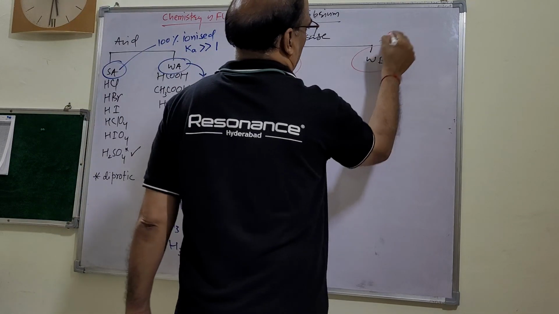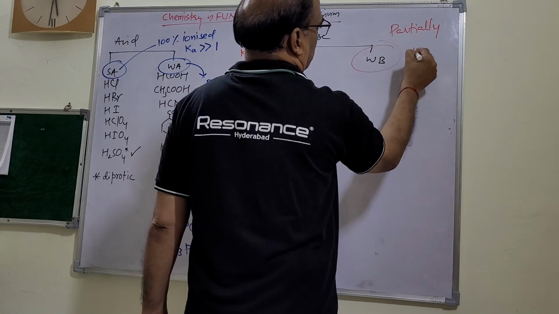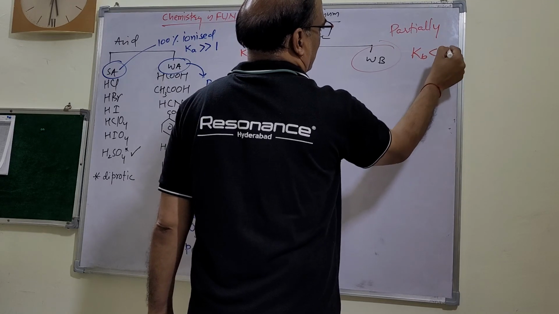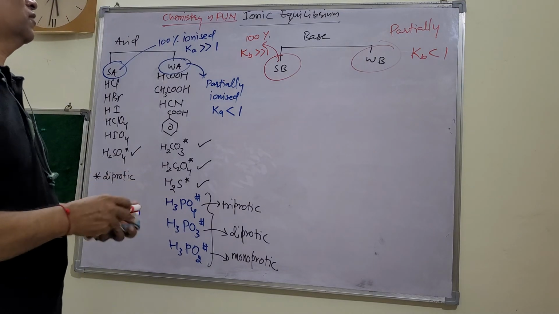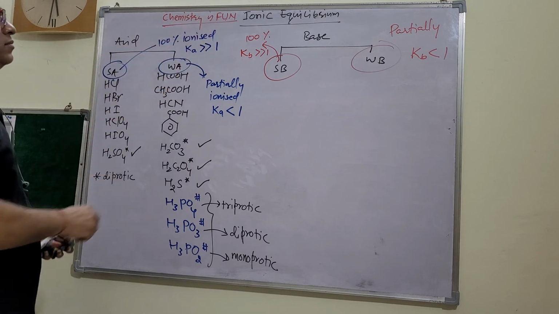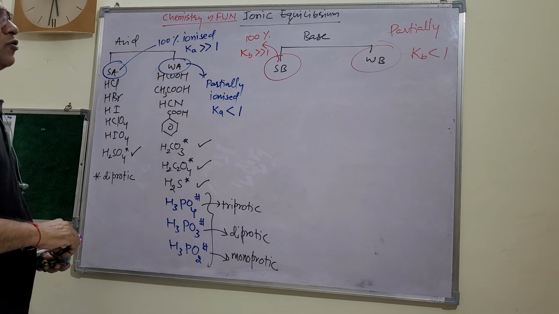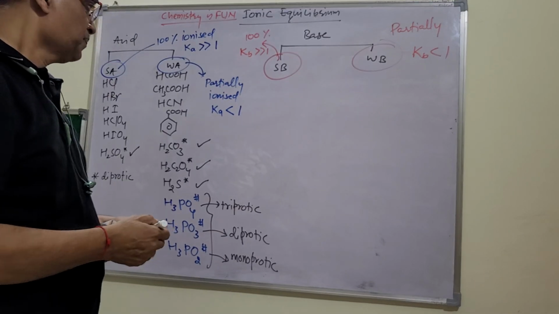Weak base is partially ionized, and base constant Kb is less than unity. So this is the meaning of strong and weak. Constant is very much greater than 1 for strong; for weak, constant Kb will be less than 1.